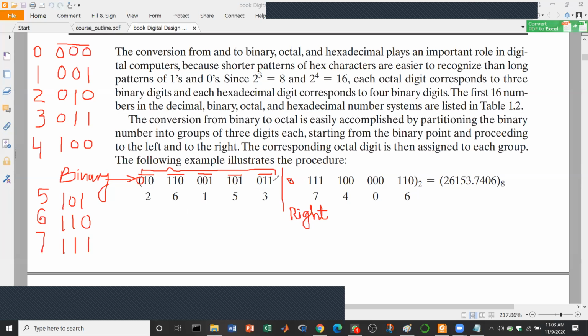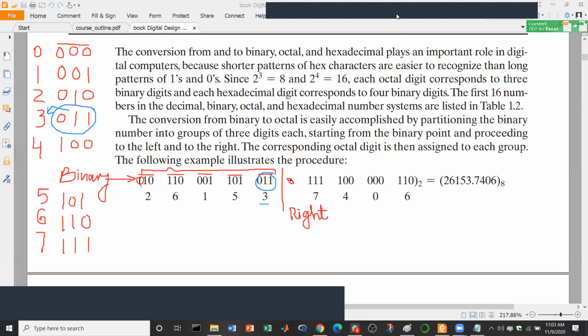Now I go here, I must change the color. So 011. Where is 011? Here is 011, and it is 3. So I write 3 here. Then 101.